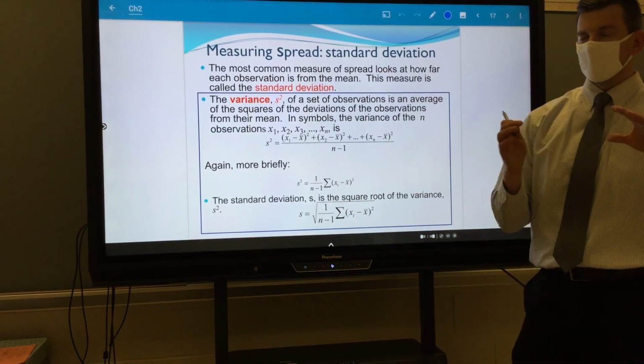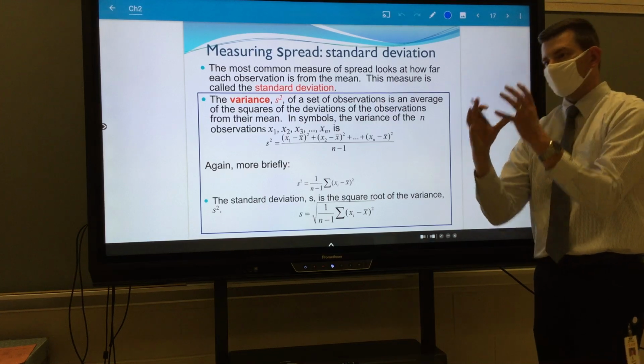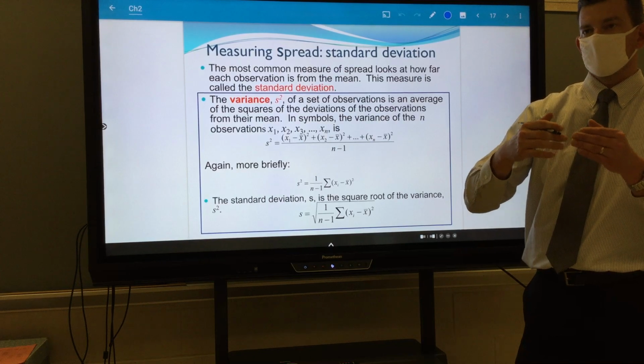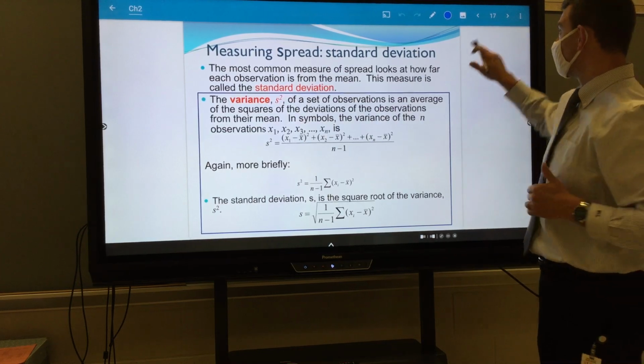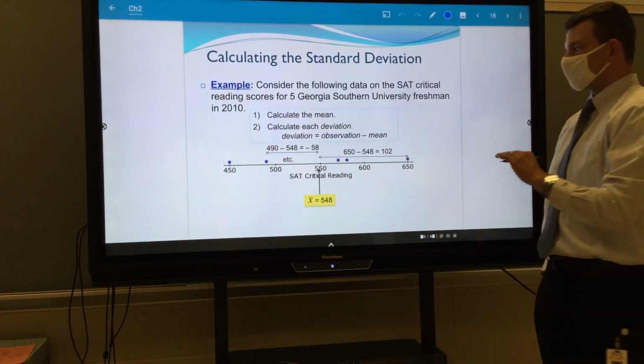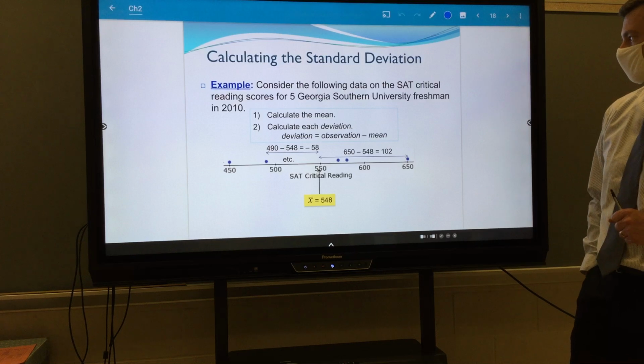Okay? The big thing to remember about standard deviation is that it is, in essence, an average measure of how much the data values differ from the mean. We have a little example here of 5 students, 5 freshmen at Georgia Southern University.